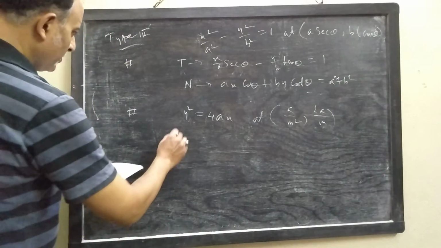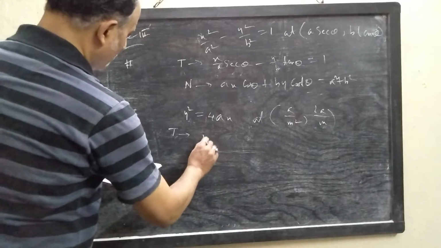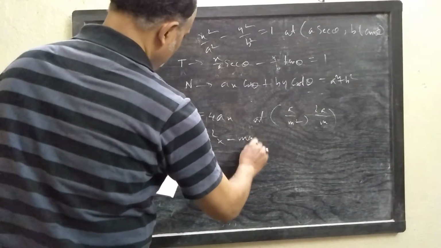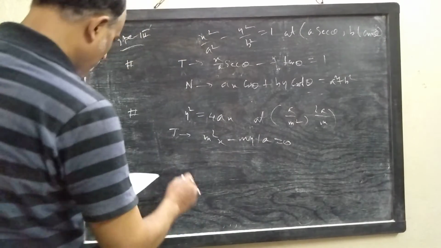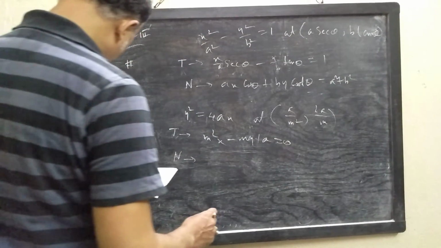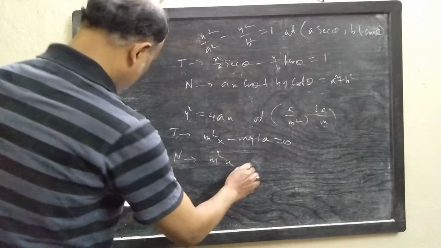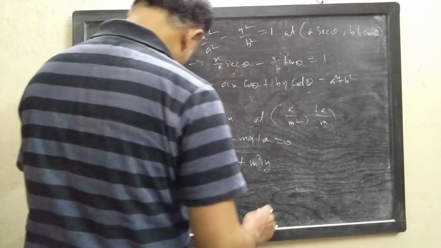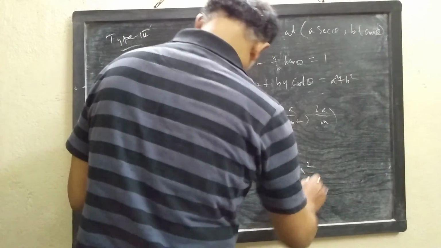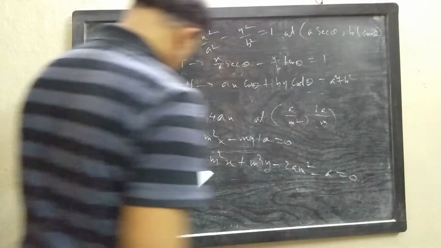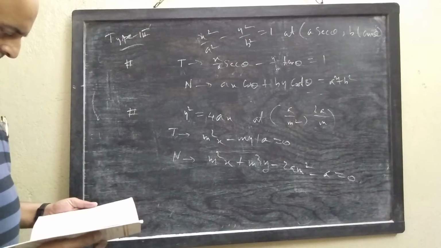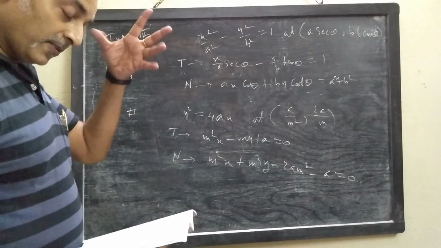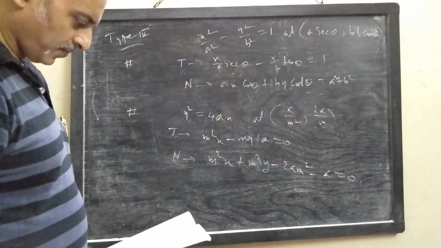So your answer will be: tangent will be m square x minus my plus a equals 0, and normal will be m square x plus m cube y minus 2am square minus a equals 0. So in this way you can find the equation of tangent and normals to different curves at some specified point.